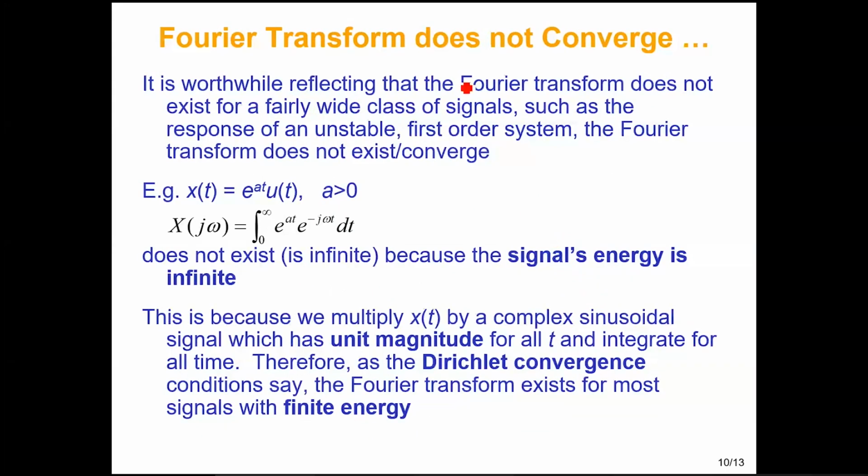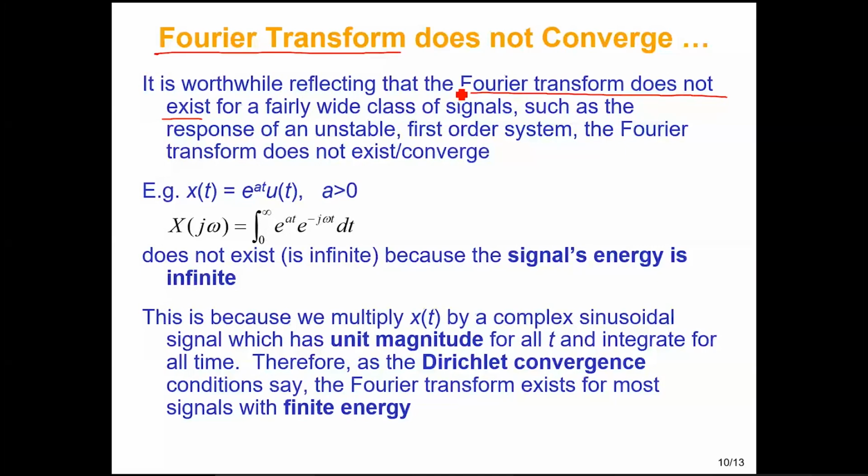Okay, now comes the interesting part about the Laplace link with Fourier. First of all, talking about the Fourier transform, we know that the Fourier transform does not exist for a wide class of signals, especially if you have a divergent signal, or if your signal is not absolutely integrable.